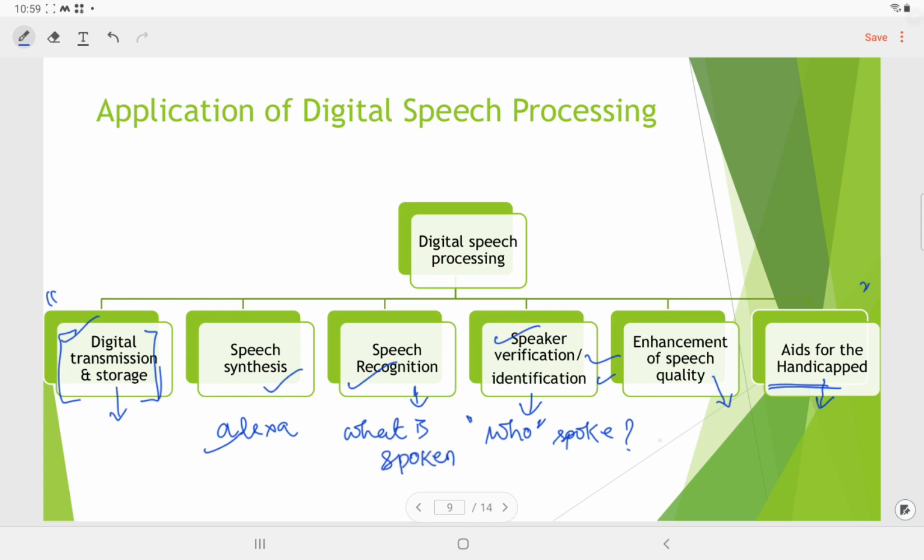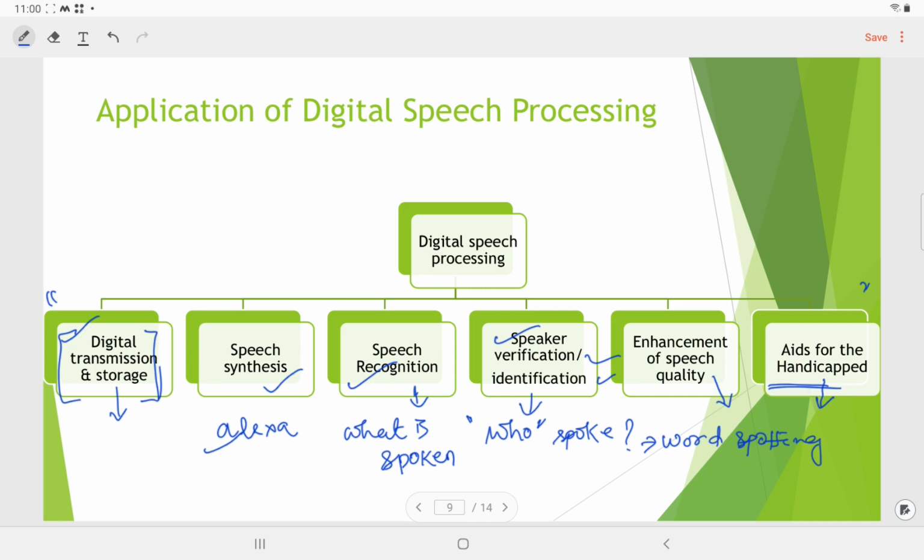To name a few more applications, like word spotting. So, you will spot a particular word in a sentence, and after spotting that word you can categorize the given statement or sentence.